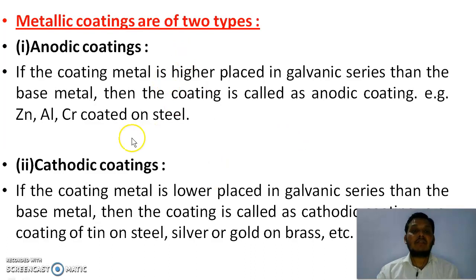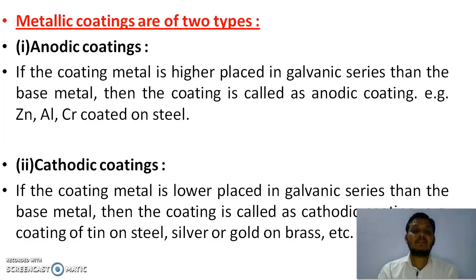Now what is the anodic coating? If the coating metal is higher placed in the galvanic series than the base metal, it is called anodic coating. The well-known examples are zinc coated on steel, aluminum coated on steel, and chromium coated on steel.